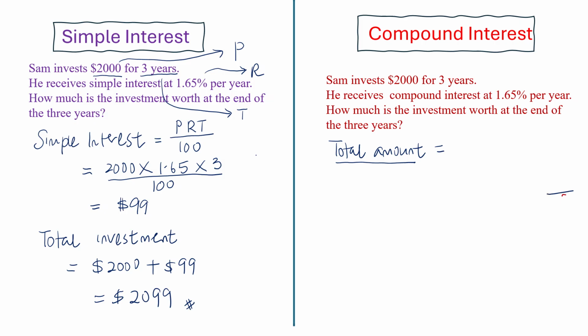But here, the formula that I'm going to write down for you is to calculate the total amount, which means the principal sum plus the interest.